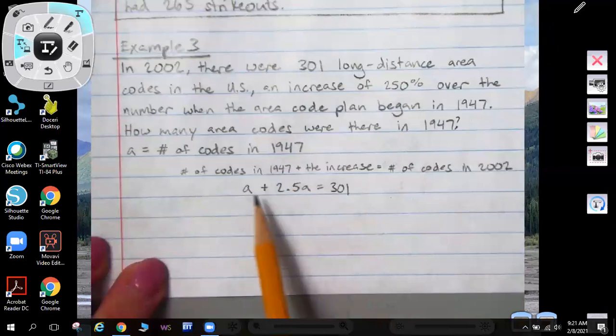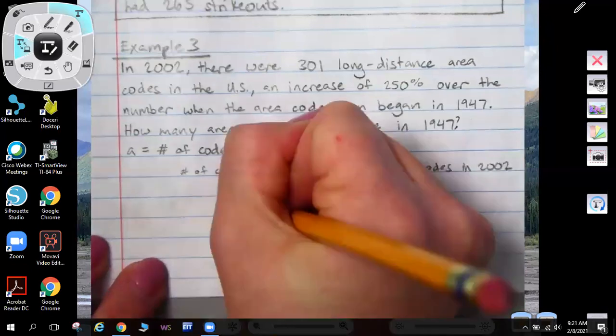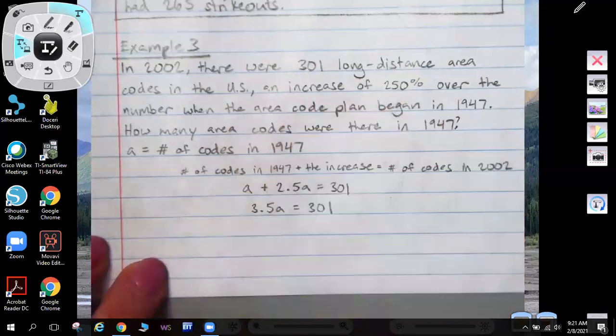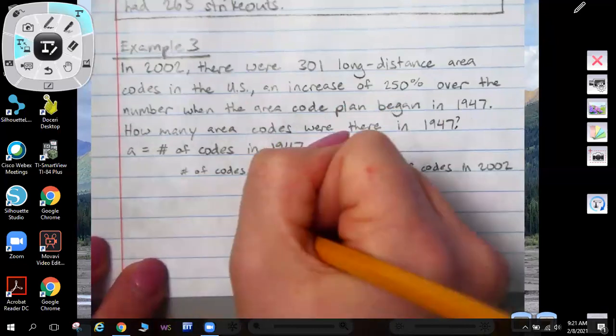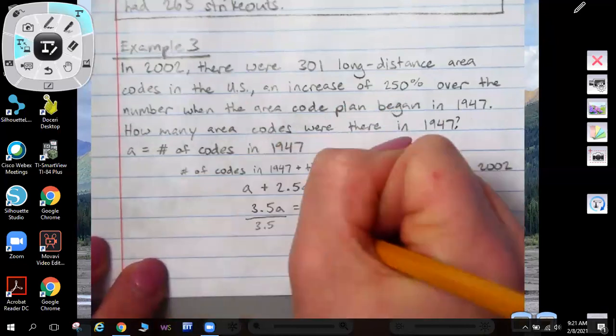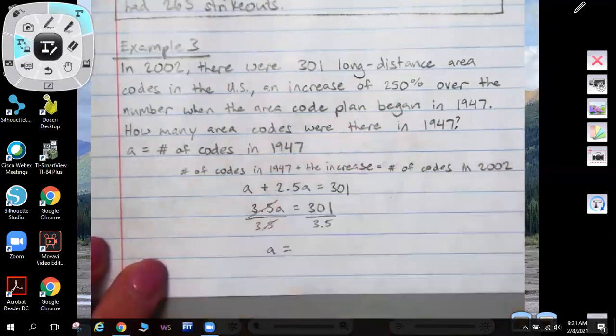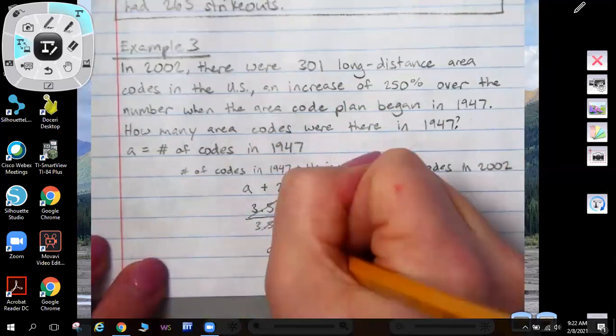Now we can solve for A. So A plus 2.5A is 3.5A. Divide both sides by 3.5. 301 divided by 3.5 is 86.